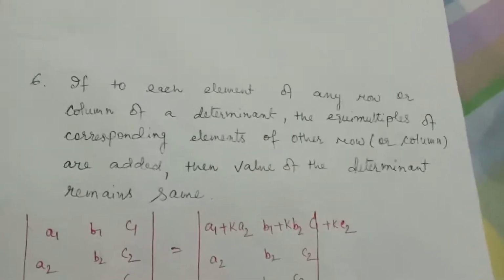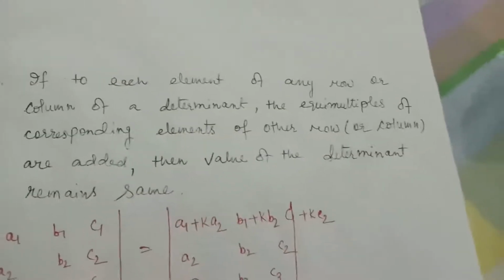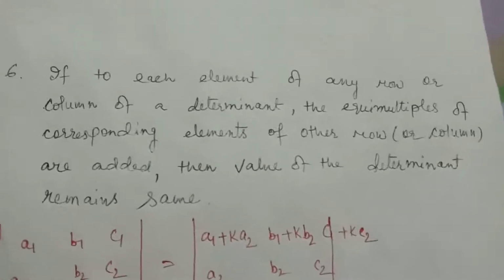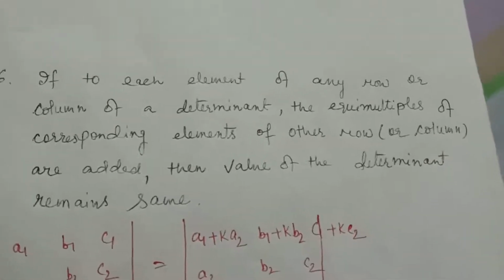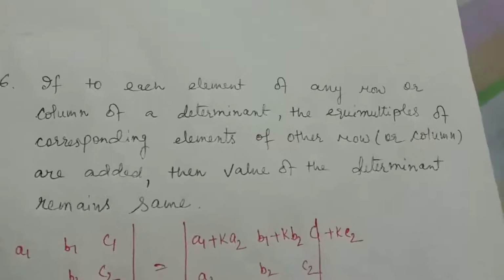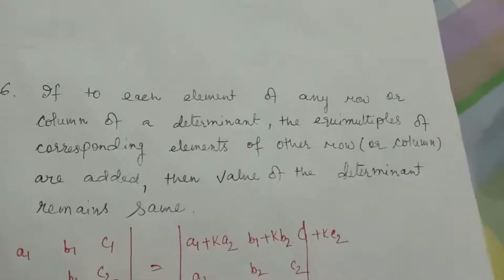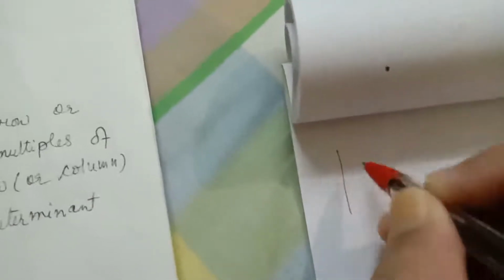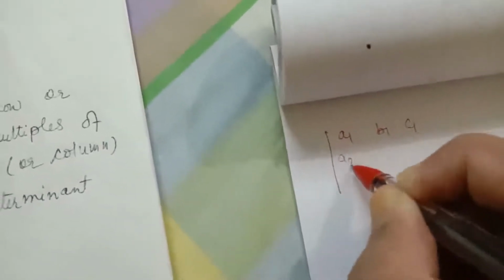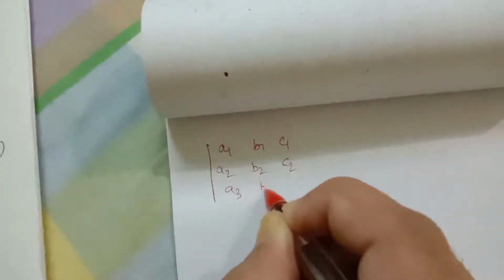Now how to use property number 6? Now our main aim will be to bring as much 0 as possible in the determinant, which will make our calculation easier. Suppose this is a given determinant a1, b1, c1, a2, b2, c2, a3, b3, c3.